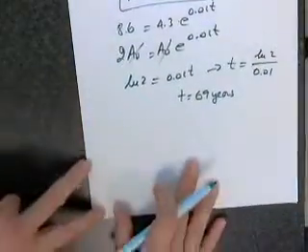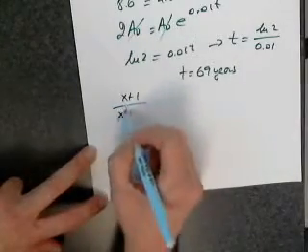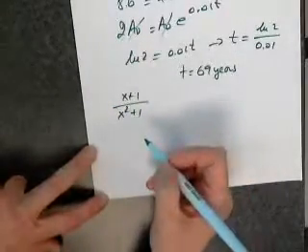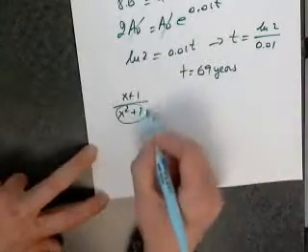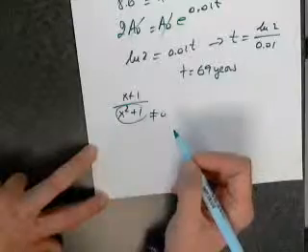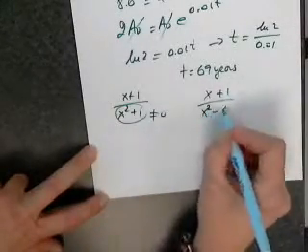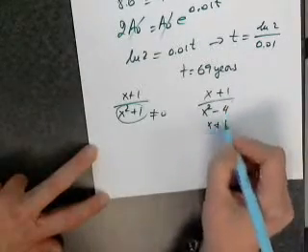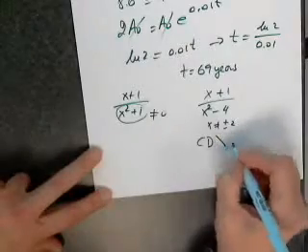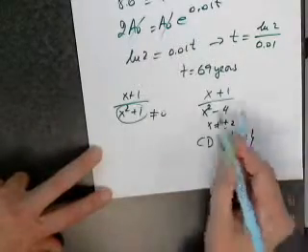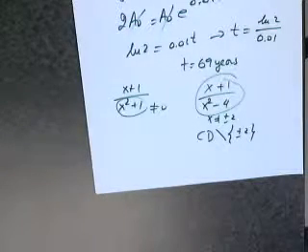If I have, for example, x plus 1, which is f, and x squared plus 1, which is g, this ratio will have the common domain because this quantity is never 0. But if the ratio ends up to be something like this, then x cannot be plus or minus 2. So from the common domain, I have to remove plus or minus 2 in order to determine the domain of the ratio.